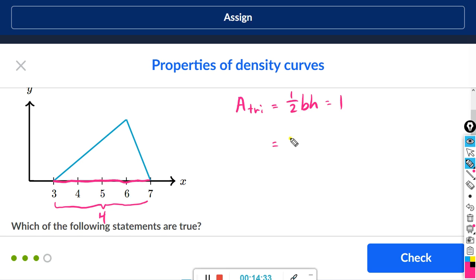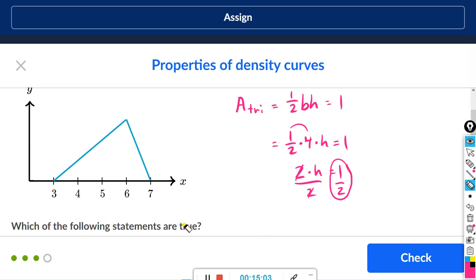So that's 1/2 times B, which is 4, times H, and that equals 1. 1/2 times 4 is 2, times H, equals 1. Dividing both sides by 2, we can see the height equals 1/2. I am going to draw that on the triangle. This height right here, going right to 6, equals 1/2.